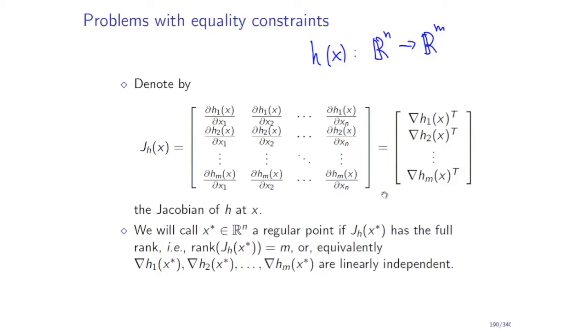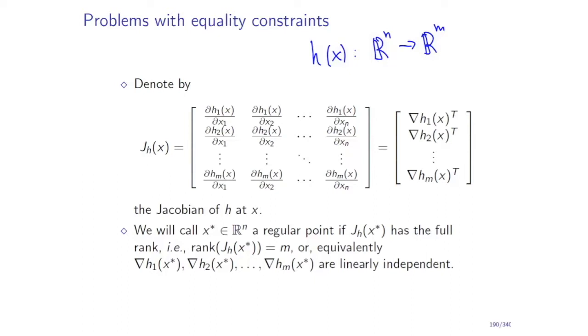In this matrix, each row corresponds to the first order derivatives of one of the functions hi with respect to all the variables, right? We have the gradient of h1 of x transposed in the first row, the gradient of h2 transposed in the second row, and so on for all the rows in this matrix. And this matrix is called the Jacobian of the function h at the point x.